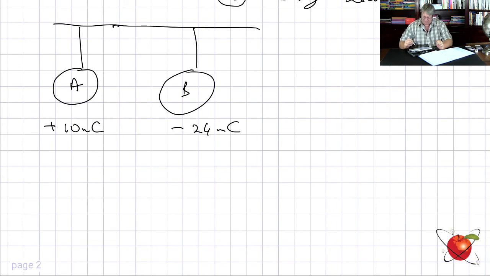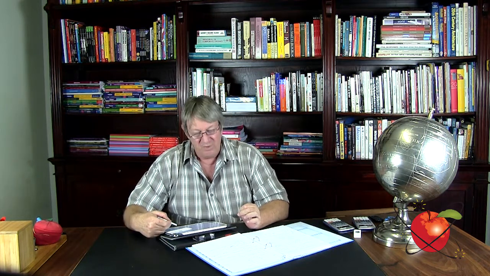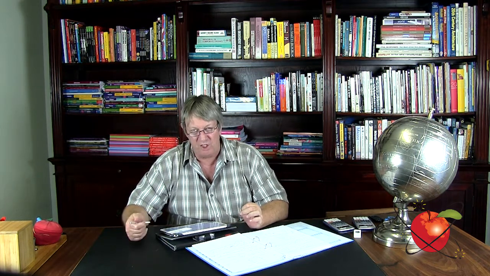You remember, like charges repel. Same as magnetic, right? North pole and a north pole. They push away. They don't want to be together, do they? I had my magnets around here, they've moved off. But like charges also repel.